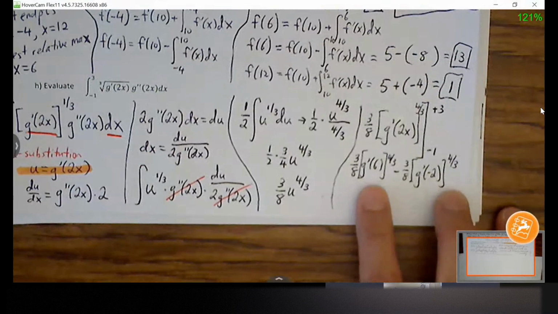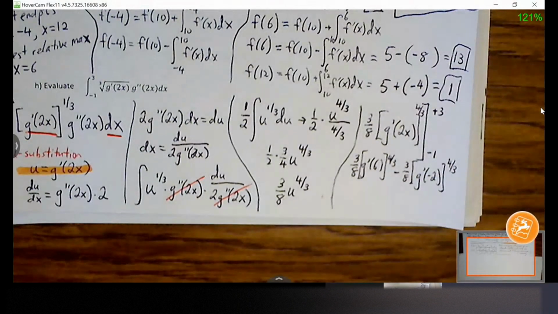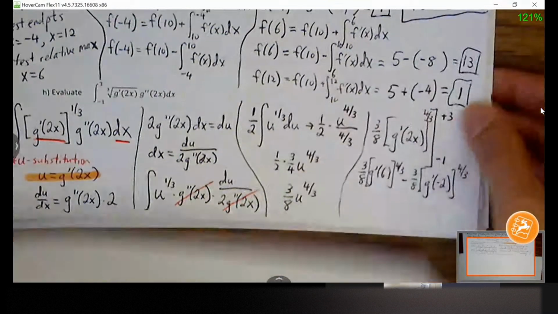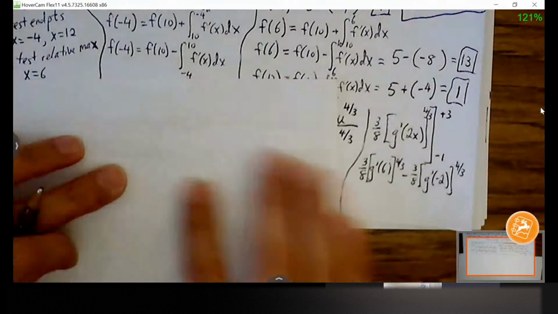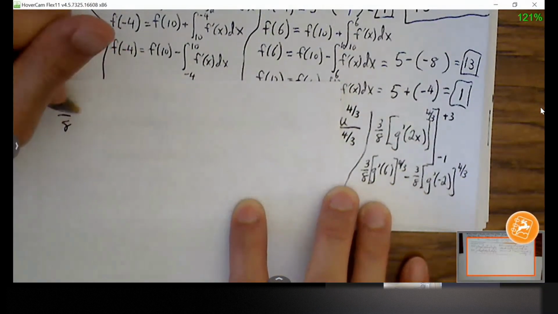Now, as soon as we get this down to a numeric expression, then we can stop. I don't want you guys to simplify, right? If you just get it down to a number, that's all I care about here. So let me get this a little bit cleaner here.